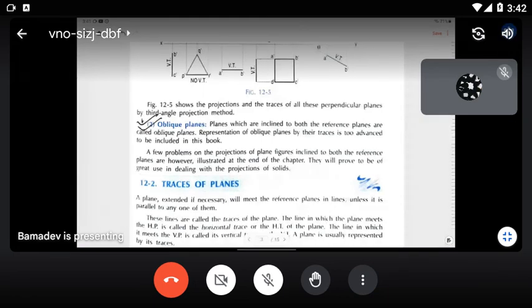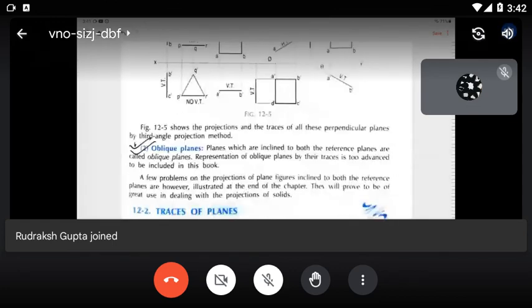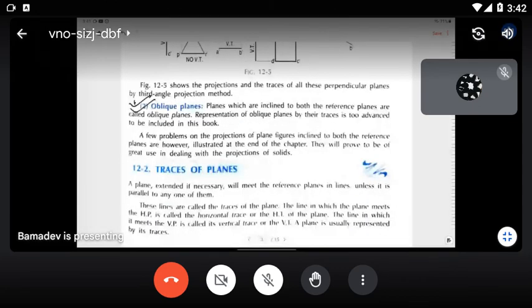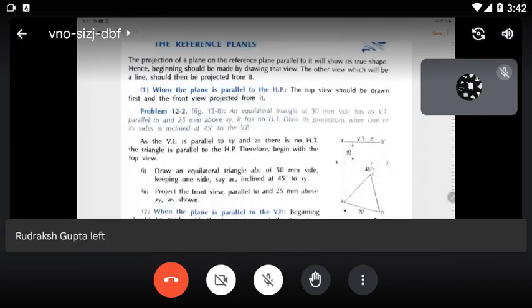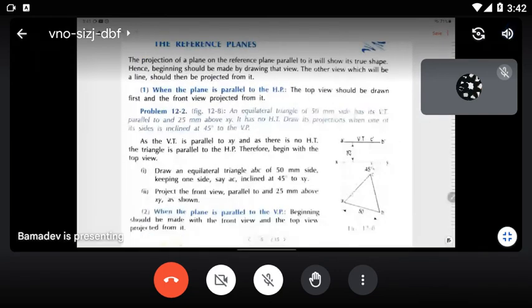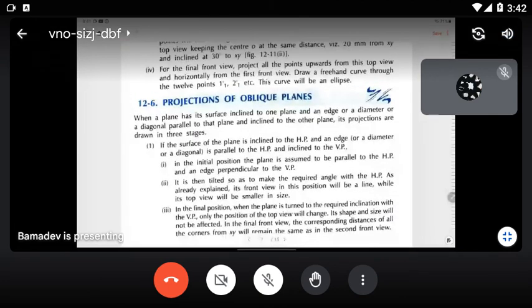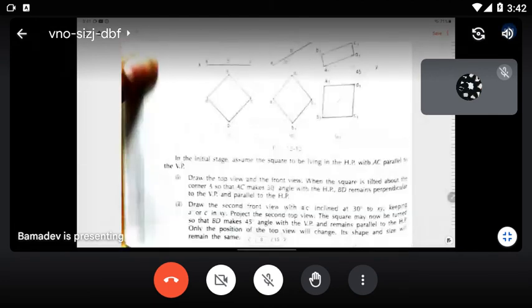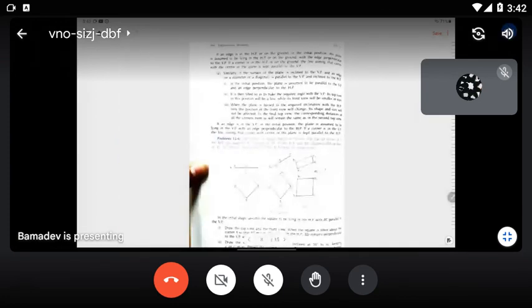In online mode it is possible, but it will be difficult to understand when a plane becomes inclined to both the reference planes. So I'm keeping it to teach in offline mode.